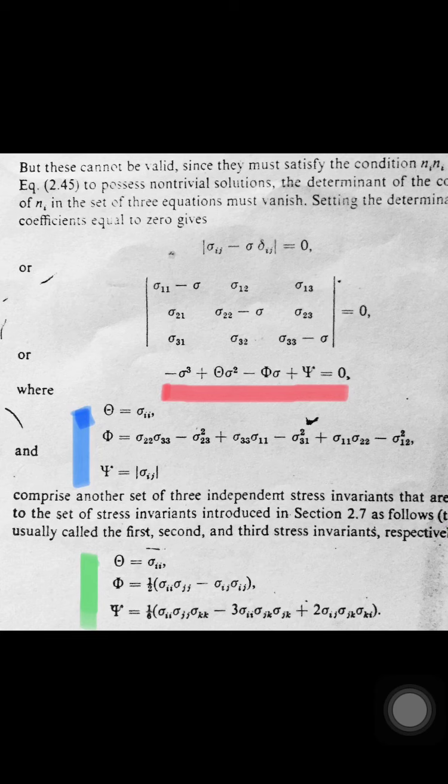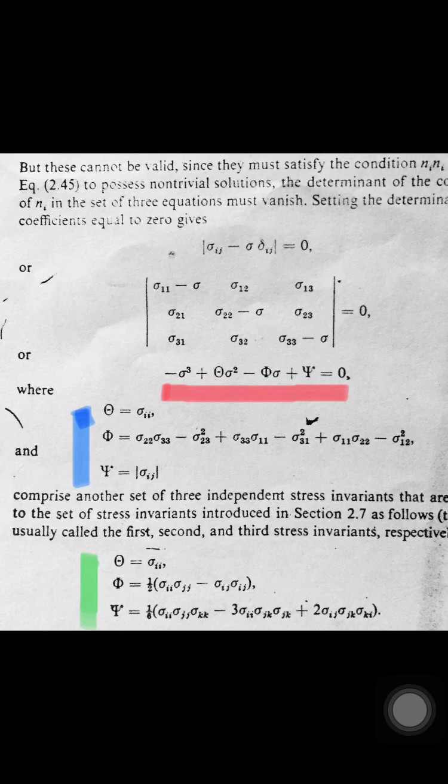Since the determinant of the coefficient of n_i in the set of three equations, that is 2.45, we are taking the determinant of this equation. Setting the determinant of the coefficient equal to 0 gives, why 0?